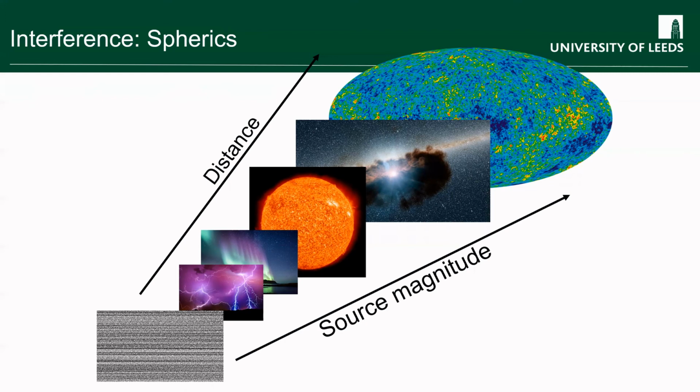Going beyond that, of course, we have galactic sources, so things like Sagittarius A at the center of the Milky Way, which is a supermassive black hole, and is giving you a huge amount of interference there as well. And if you go beyond that, then there are things like the cosmic microwave background, which is a universal scale interference source.